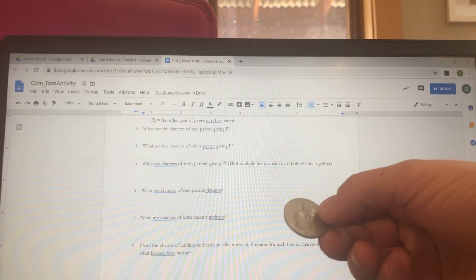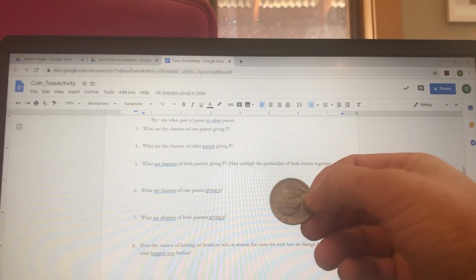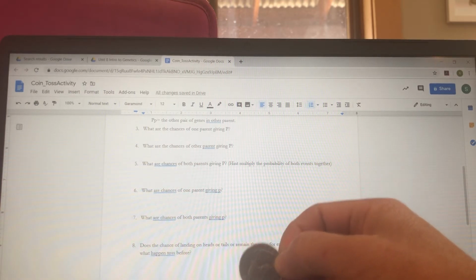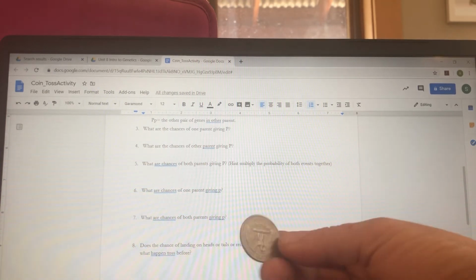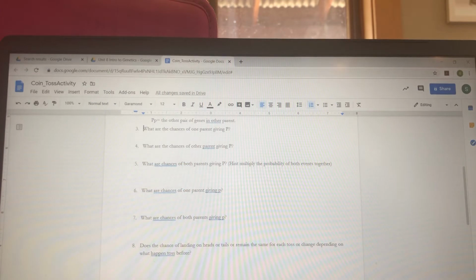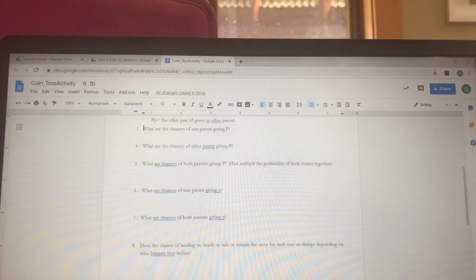It's asking, what are the chances of her landing on the big P? What are the chances of this coin landing on heads or tails? It's a 50-50 shot. And then it asks, what are the chances of the other parent? If your coin is the same, it's going to be a 50-50 shot again.